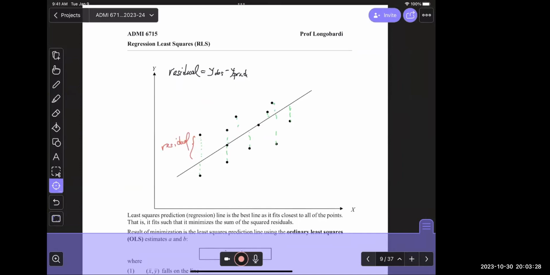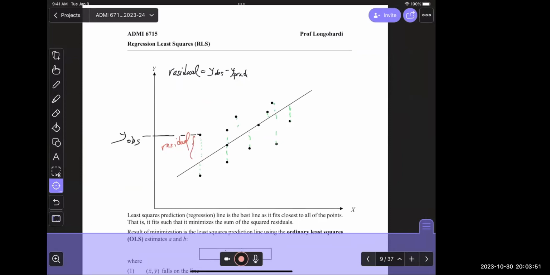depending how I subtract it, in this case, remember the rule is observed minus predicted. If it's alphabetical order, right? Observed minus predicted. So I take this value for the Y. This is the Y observed, so it's actually the point.